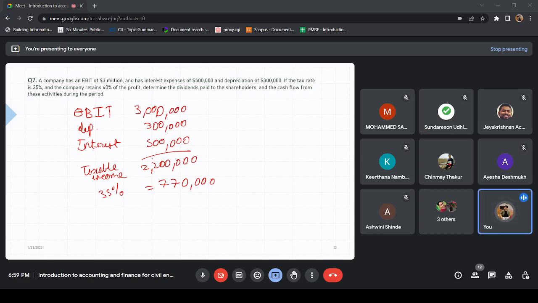Okay, so what I'm getting is, yeah, this is the tax. Now what next? What is your net income now?